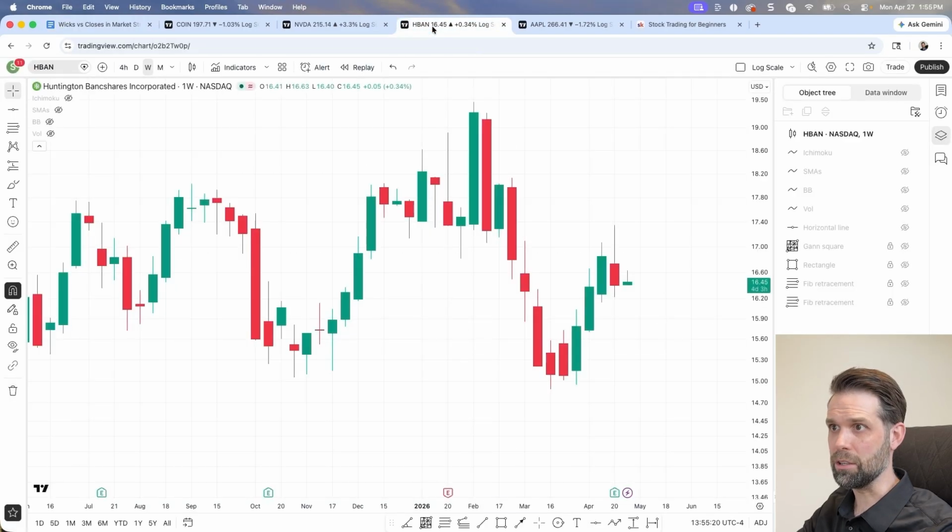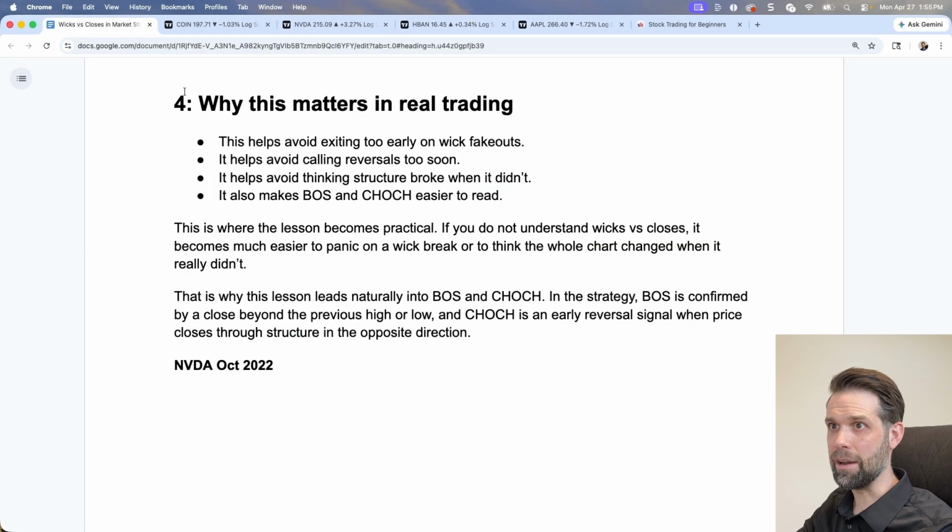So for this particular example, in this present day, if we had some stop losses in this area, or we sold this wick, that would have been a bad time to sell. We would have wanted to wait for these candle closes to confirm where they closed. And we would have noticed that they didn't close below these wicks. The market structure was intact. So we probably don't want to sell in this particular area.